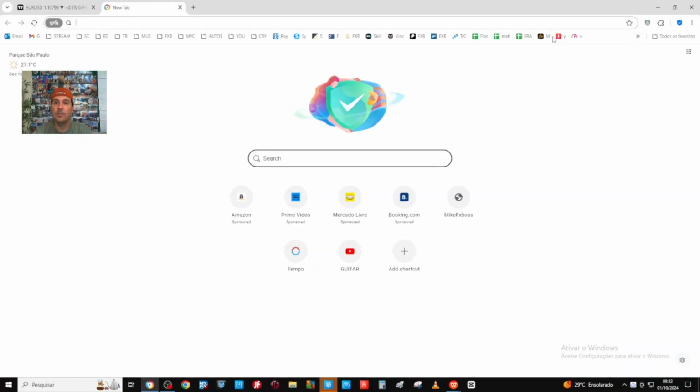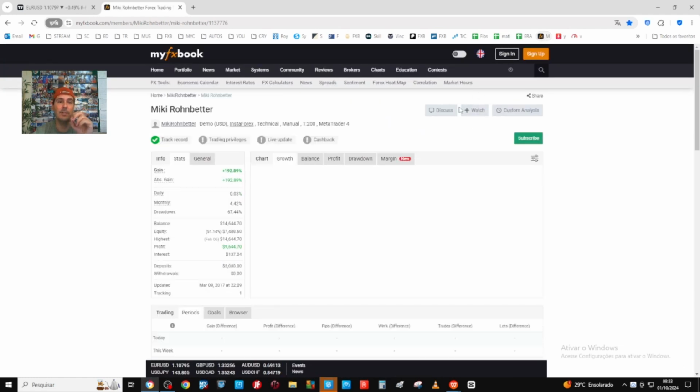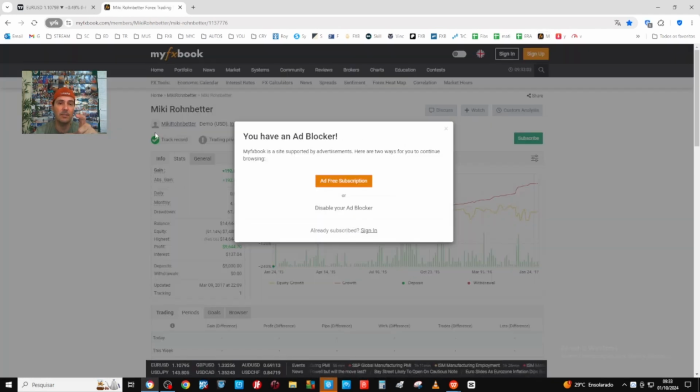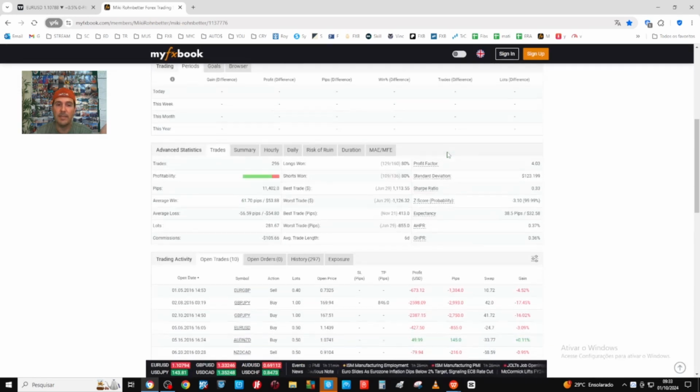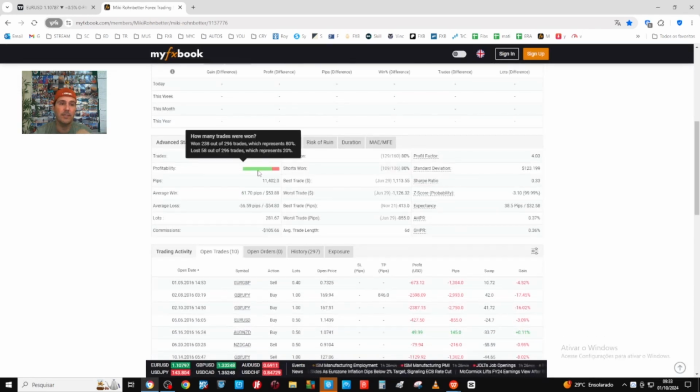In conclusion, the better analyst you are, the better this profitability indicator on my FX book, which is for free, the more this profitability is going to get green. Does this make sense? Profitability in the Forex course 101 is an indicator of how good or bad you are as an analyst.